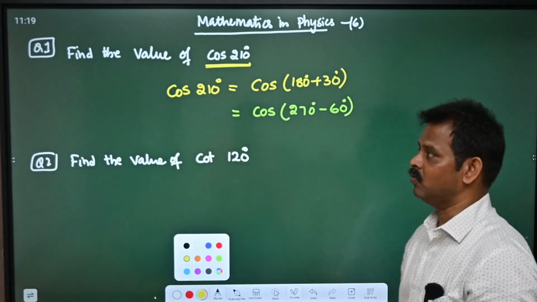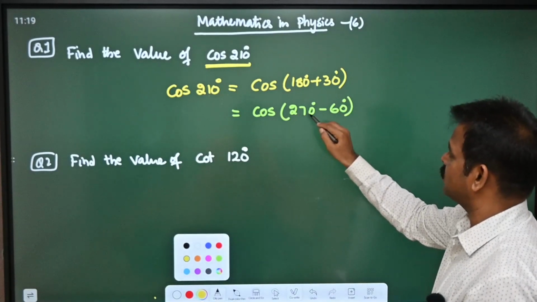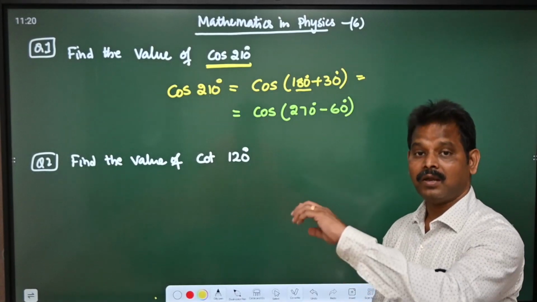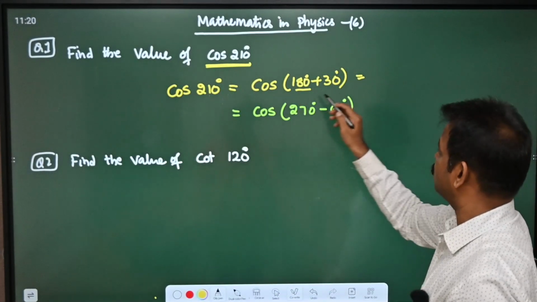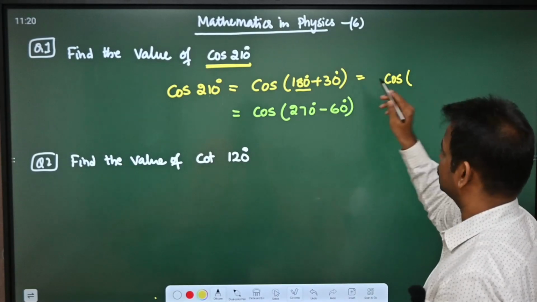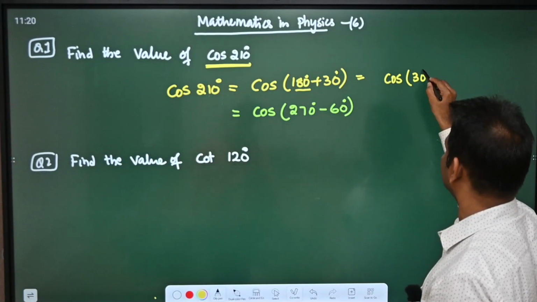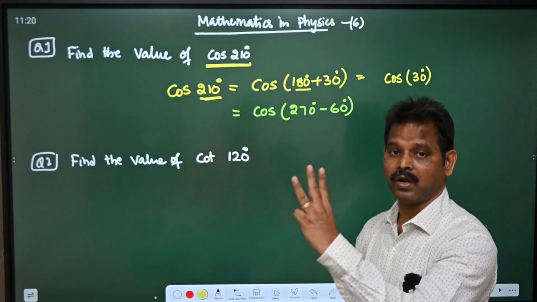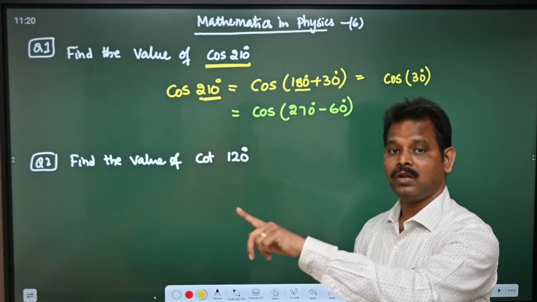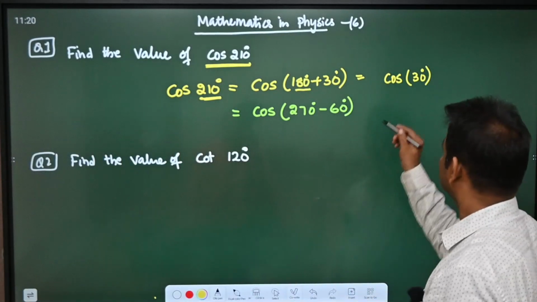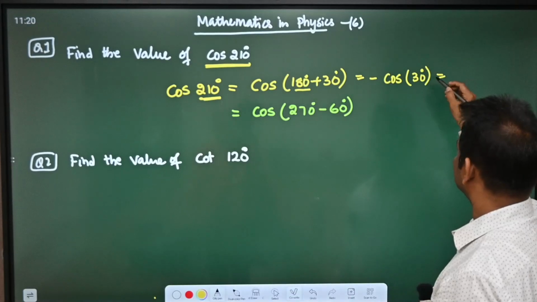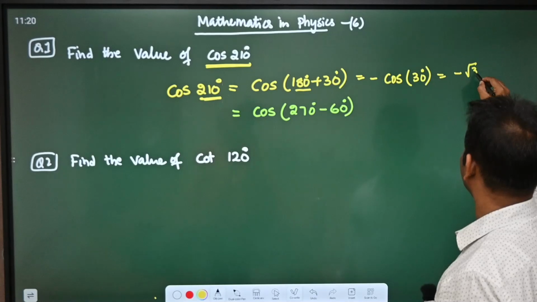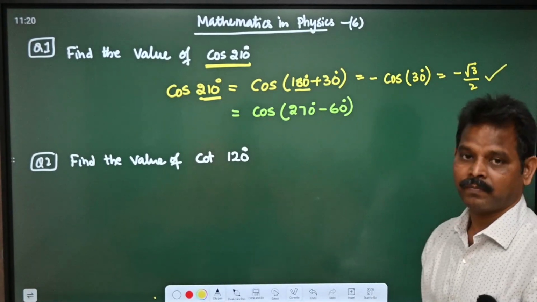Both will give the same value, but you can write 180 plus theta and 270 minus theta, where theta is different. Cos of 180, when it is not an odd multiple of 90, the ratio remains the same. This will become cos of 180 plus theta is cos 30 degrees. But 210 degrees is in the third quadrant. In the third quadrant, only tan and cot are positive. So this must be negative. So minus cos 30, that is minus root 3 by 2, is the answer for this one.